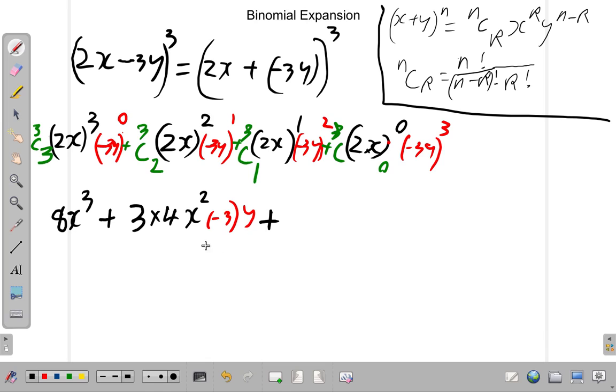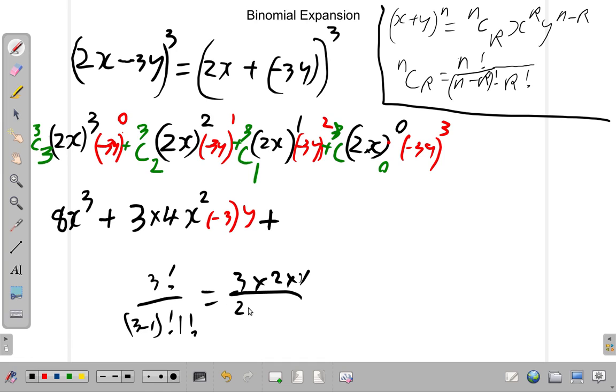Then you have plus what? 3c1. I remember 3c1 is the same as 3c2 because you have 3 factorial over 3 minus 1 factorial, 1 factorial. So that's going to be 3 by 2 by 1 divided by 2 by 1 times 1, and 2 by 1 cancels 2 by 1. So this is going to be 3. Now, what you'll have here in terms of the numbers, this will be multiplied by 2 to the 1 is 2, alright?